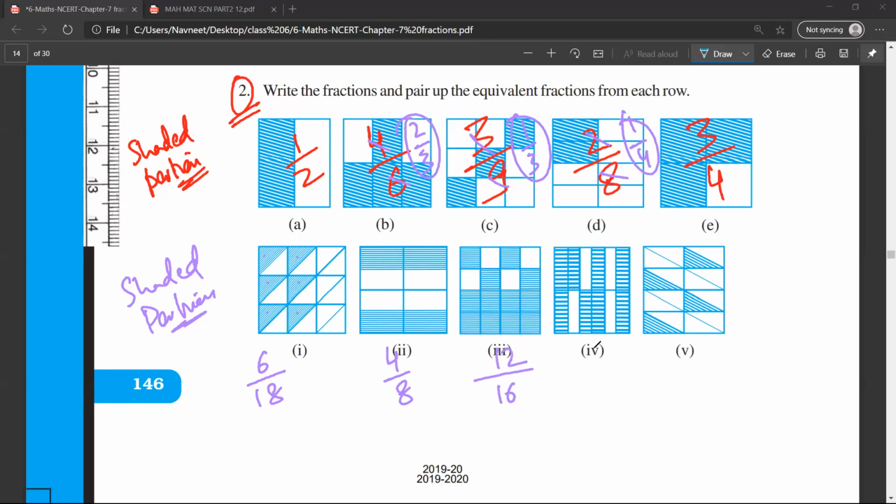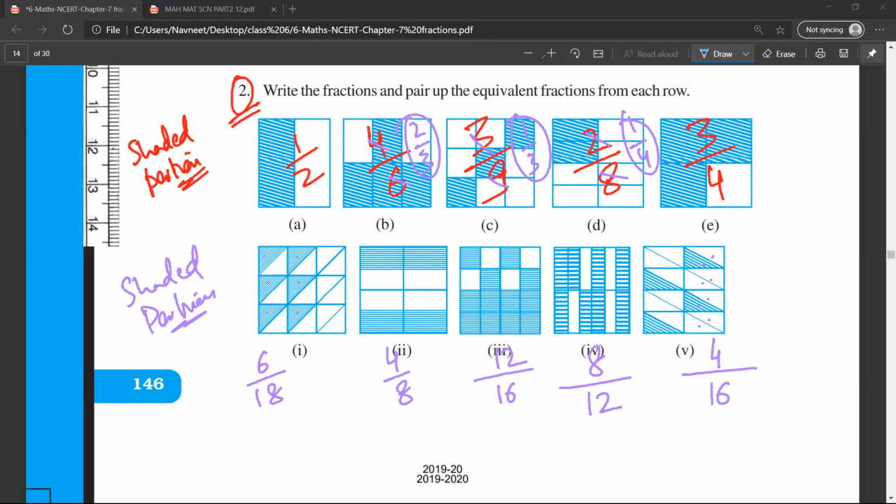This would be equal to 8 by 12. Yes, perfect. This would be equal to 4 by 16. Have you understood?